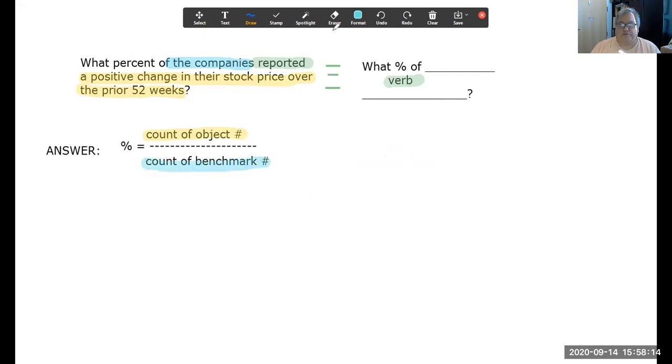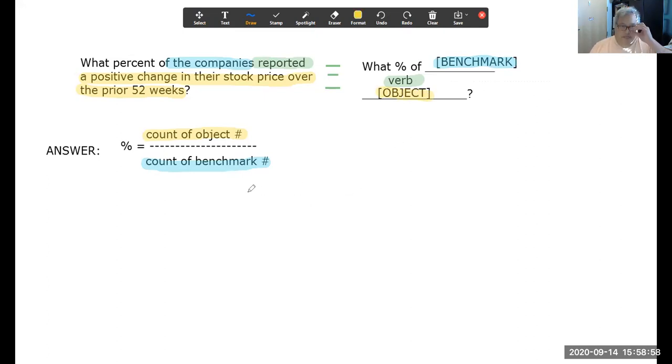So the benchmark goes before the verb. Benchmark goes before the verb, and the object goes after the verb. Okay, so I'm going to color the object in yellow and the benchmark in blue. And blue goes before, yellow goes after.